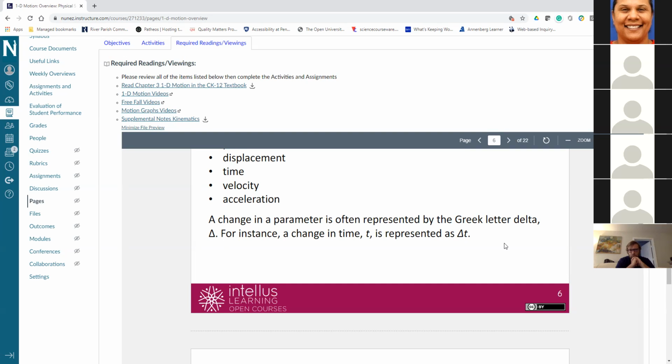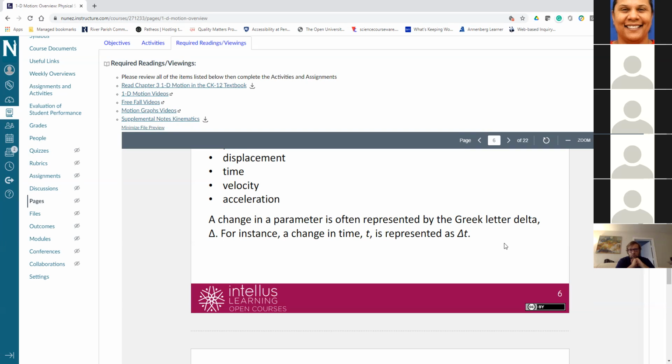So obviously, if an object is in motion, there are things that are changing, and we can use that letter delta to represent change. And the way it works is that whatever the delta symbol is in front of, that's the property or parameter that's changing. So if I write delta t, that means a change in time.